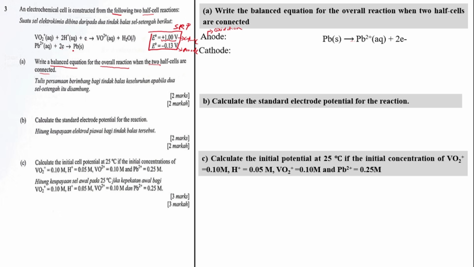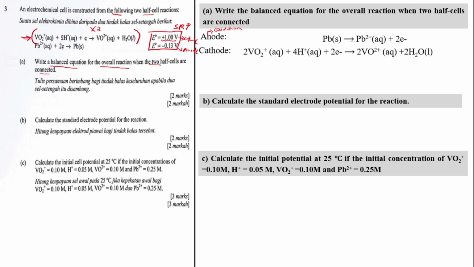This one is reduction, but this one is oxidation. Meanwhile, for cathode, we just write back this equation, but we need to multiply that by 2. The reason we multiply by 2 is because it has 2 electrons here, so the whole equation is multiplied by 2 so that we can cancel out the 2 electrons.